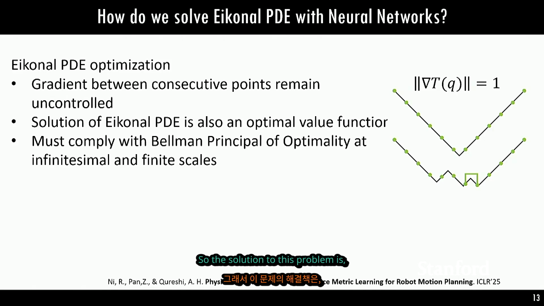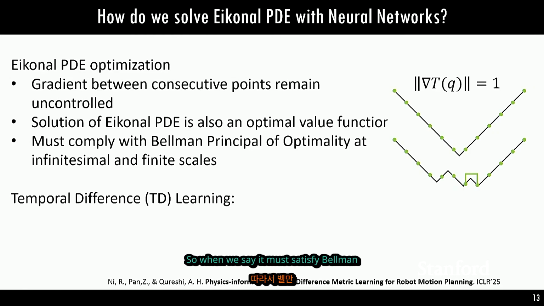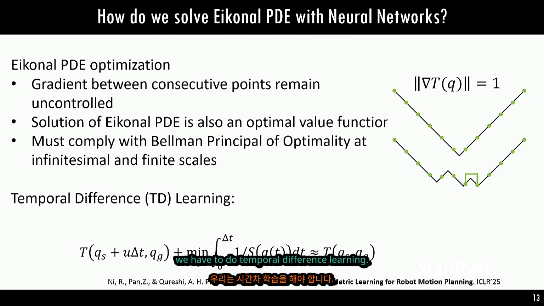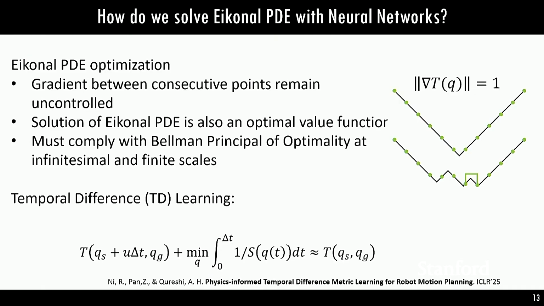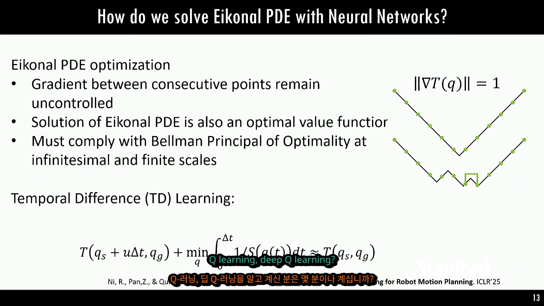The solution to this problem is by treating the eikonal PDE solution as an optimal value function, and it must satisfy the Bellman principle of optimality. When we say it must satisfy that, we have to do temporal difference learning. How many of you are aware of standard Q learning, deep Q learning?